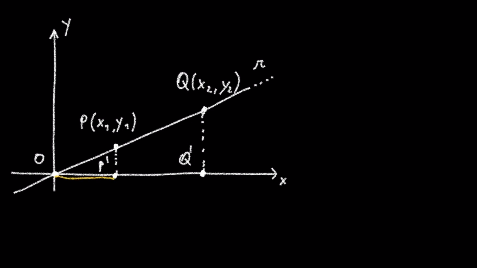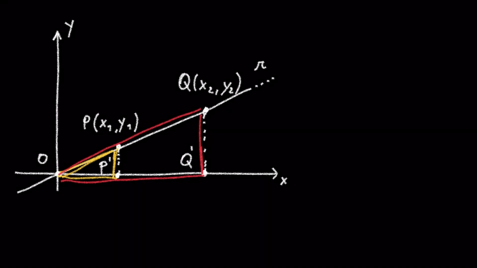So this is OP'P and this is OQ'Q. The ratio of PP' to OP' is equal to the ratio of QQ' to OQ'.